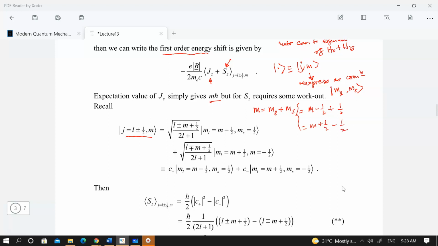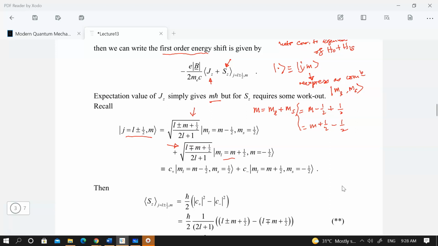So it can be written as a combination of these two uncoupled representations. Then you just need to find out what these Clebsch-Gordan coefficients are, which you can refer back to your notes. So we get this written down in terms of this uncoupled representation.